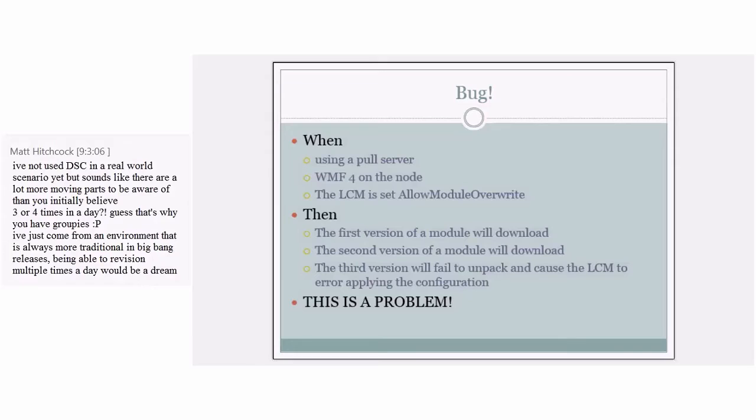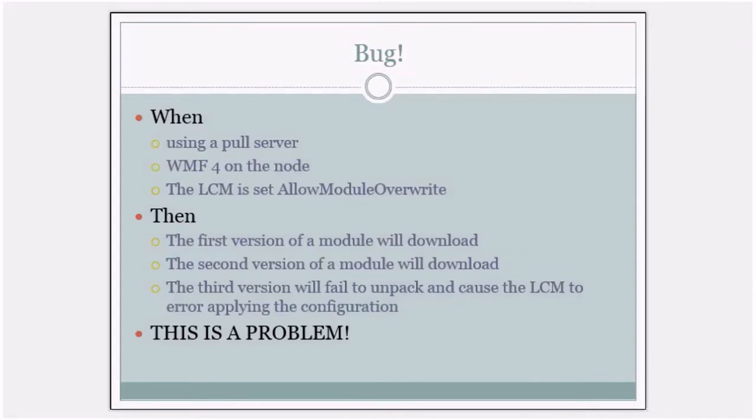The first version of the module downloads fine. Second version, rename the first version with _temp and copy down the second version. When I apply the third version, it tries to rename the first one with _temp, and that fails because there's already something with _temp there. Then the local configuration manager fails.